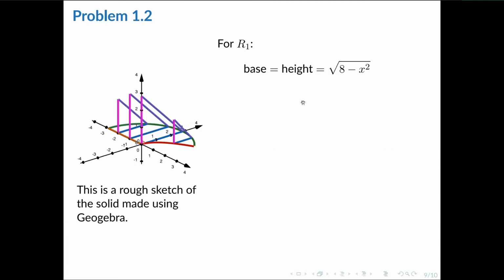So for R1, ito siya. Yung kanina, R1, itong kalahati. So the base is equal to the height, since for an isosceles right triangle, equal yung base and height.